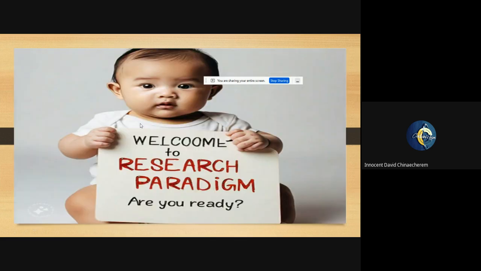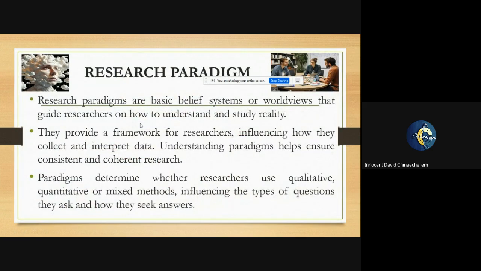Then the baby welcomed us fantastically into the research paradigm. We understood the research paradigm as how we shape our thoughts before choosing our research question. We said that for you to start formulating your research question, you need to know the paradigm you're relying on, because already we understood that systematic reviews are divided.